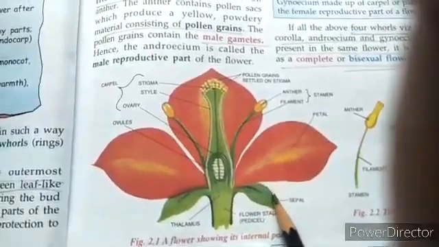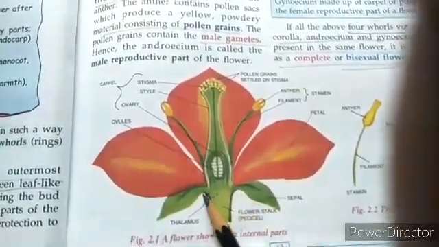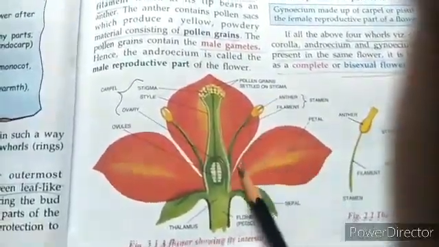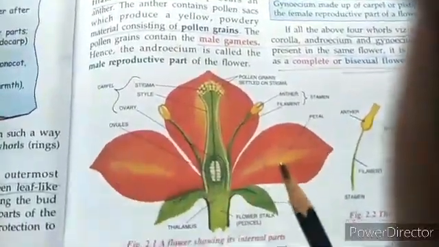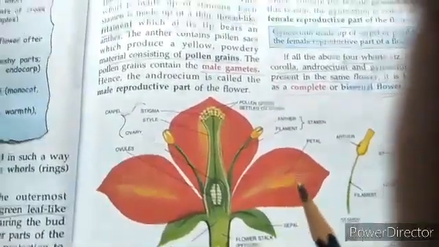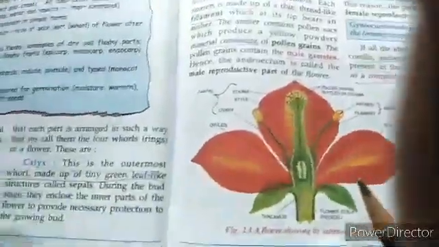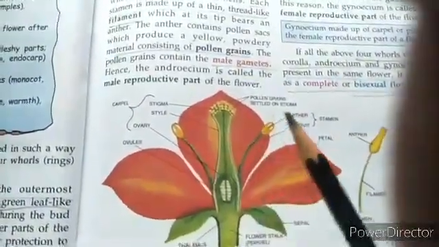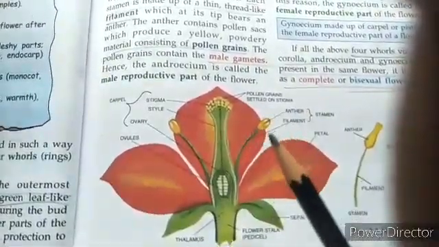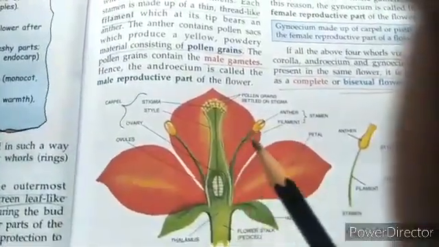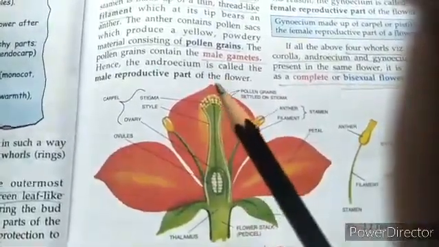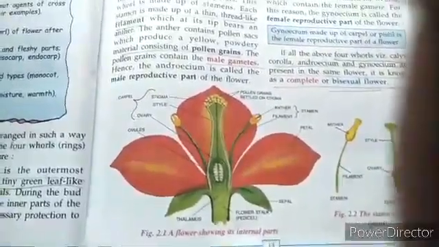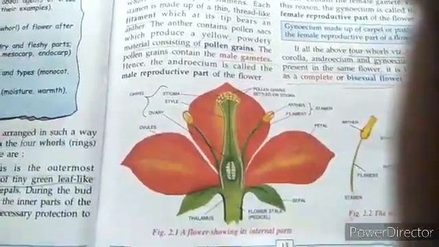Then we come to the outer whorl or the green leafy structure known as the sepals. Then comes the fragrant and colored part of the flower known as the petals, or we also call it the corolla, right? And then we come to the androecium, which is the male reproductive part of the flower, and then we come to the gynoecium, which is the female reproductive part of the flower. So I believe with this the structure should be clear to you.